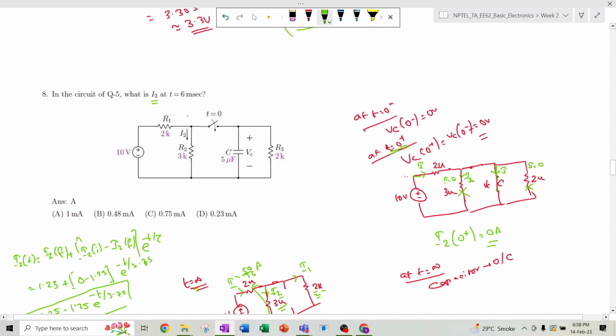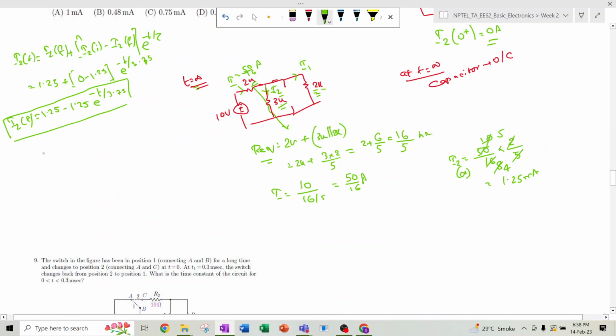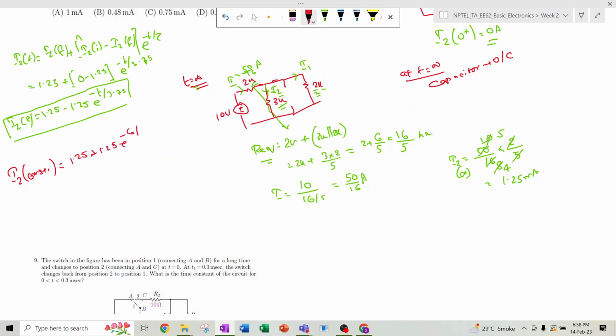Now the question asked is, what is the value of I2 at t equal to 6 millisecond? In this equation, we put t as 6 millisecond: 1.25 minus 1.25 e to the power minus 6 by 3.75.